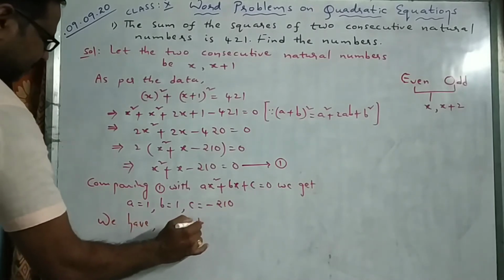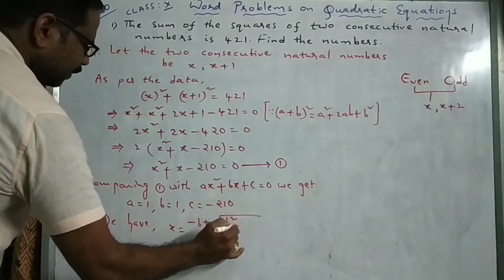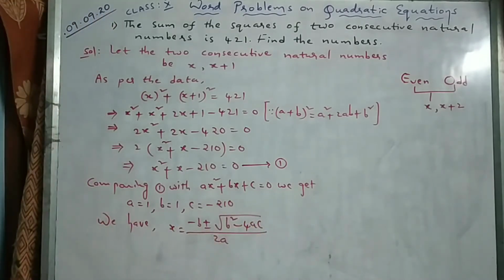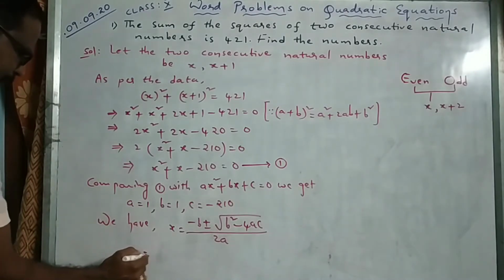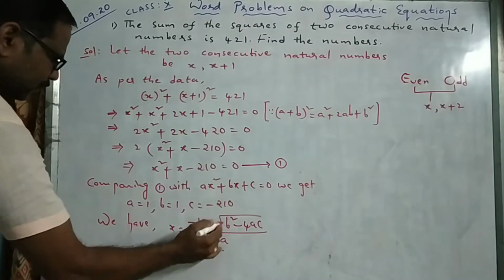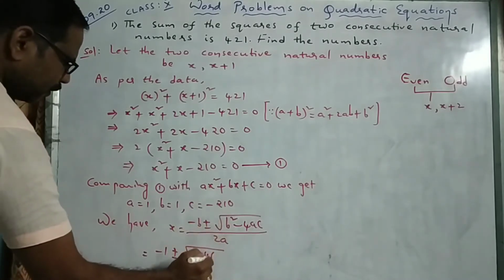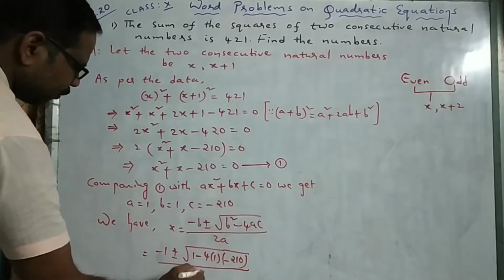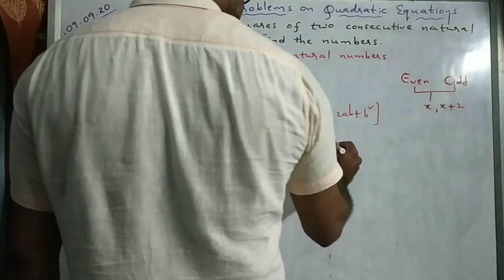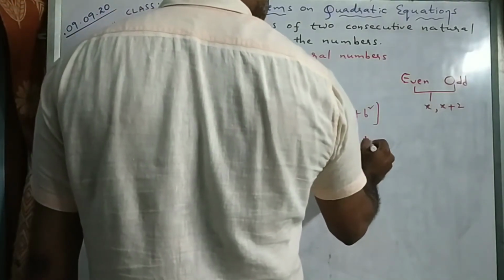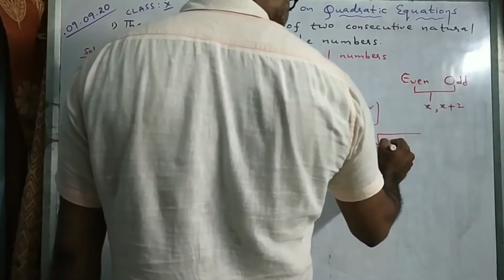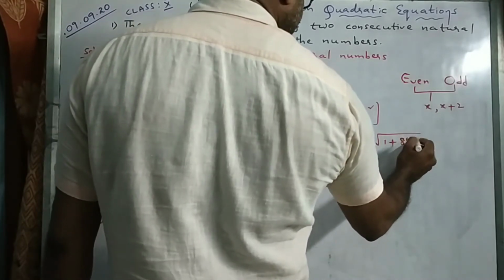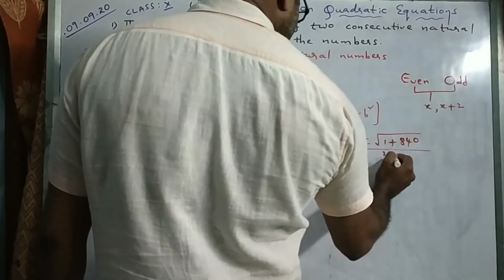We have x equal to minus b plus or minus square root of b square minus 4ac by 2a. This is the quadratic formula. So substitute values here. Minus 1 plus or minus square root of 1 square means 1, minus 4ac value minus 210, upon 2a, 2 into 1. So that is equal to minus 1 plus or minus square root of 1 plus, what will you get here? 840, upon 2.